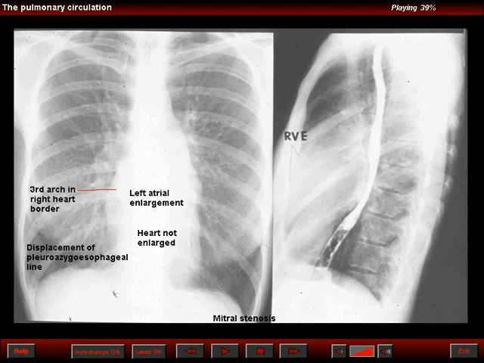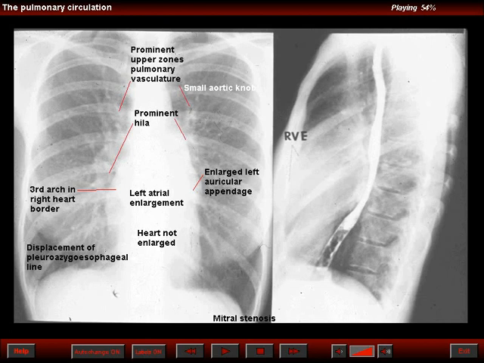The presence of an enlarged left auricular appendage produces a bulge in the lower portion of the middle third of the left heart border, and the aortic knob is small. In addition, we see the prominent hila and upper lobe pulmonary vasculature if pulmonary hypertension has resulted in patients with mitral stenosis.